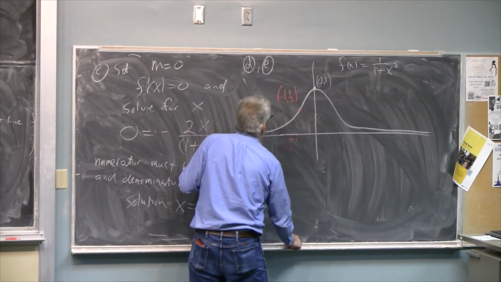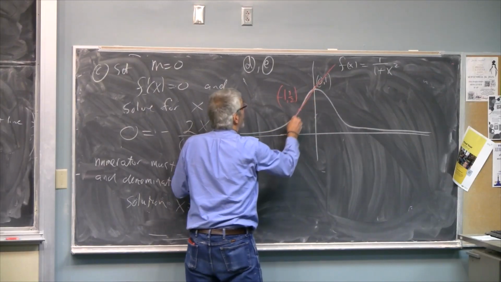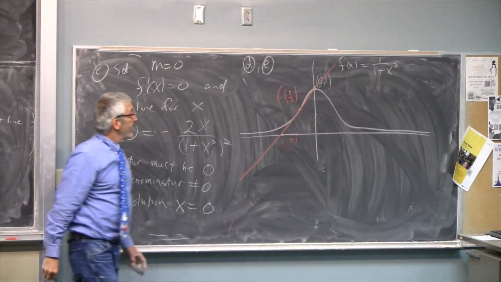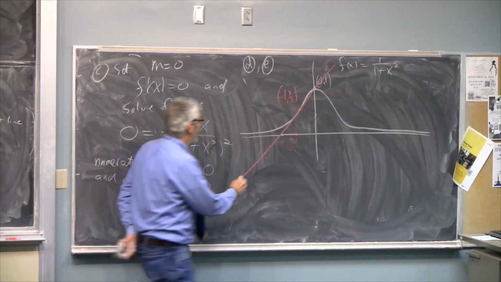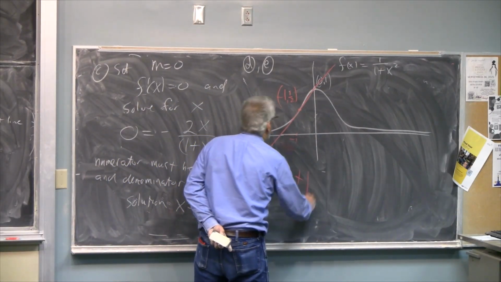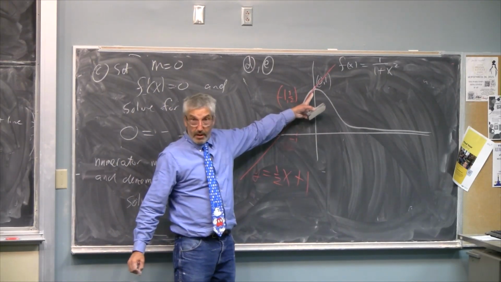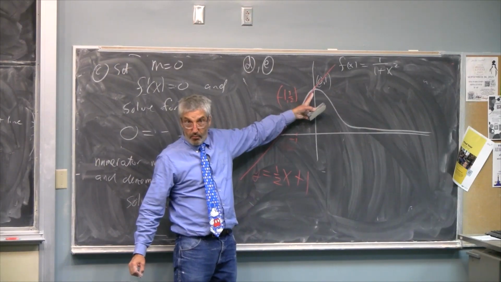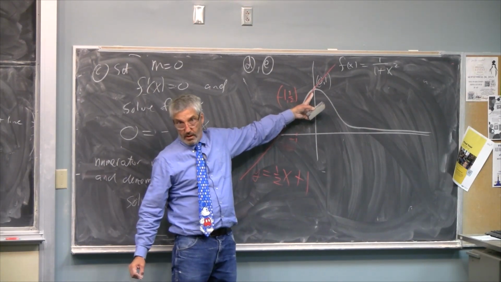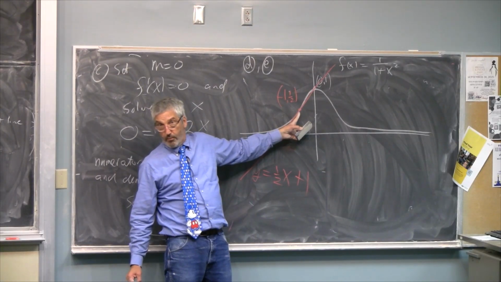And here's the tangent line. This is the line that's tangent at x equals -1. And this is the line that has equation y equals 1/2 x plus 1. Notice the y-intercept of this line is the number 1. It goes through that point. It's not tangent there. It's tangent here. Notice it's kind of going the same direction as the graph at that point.